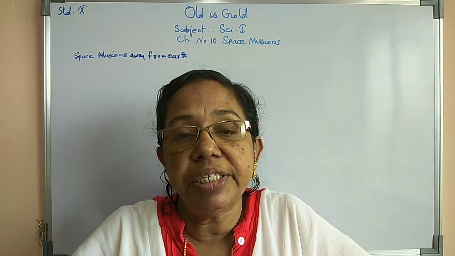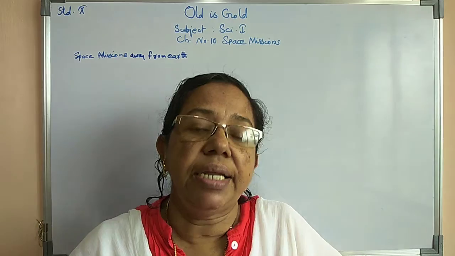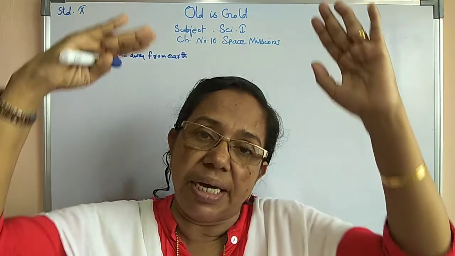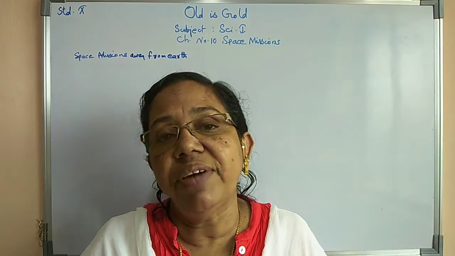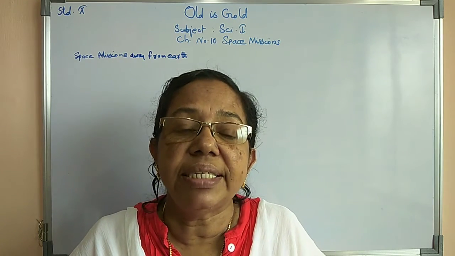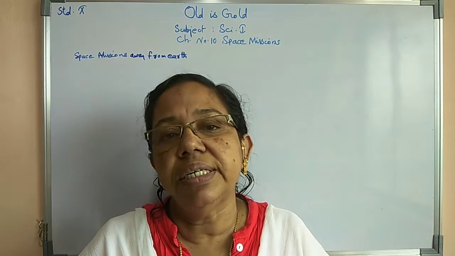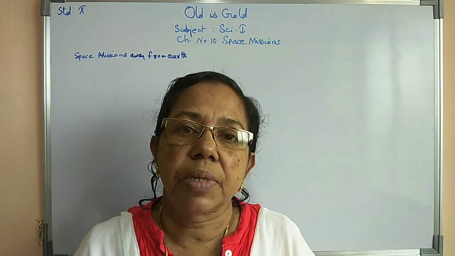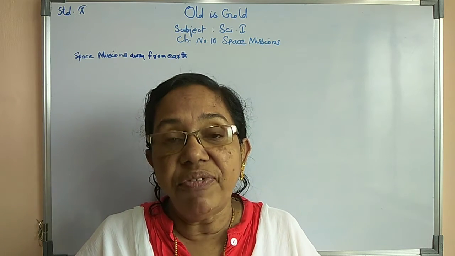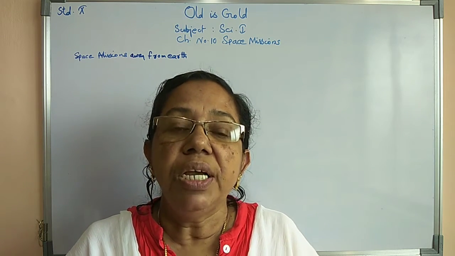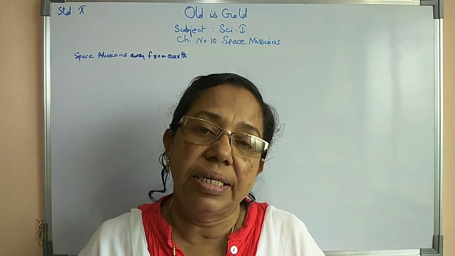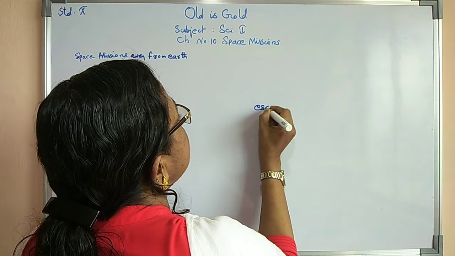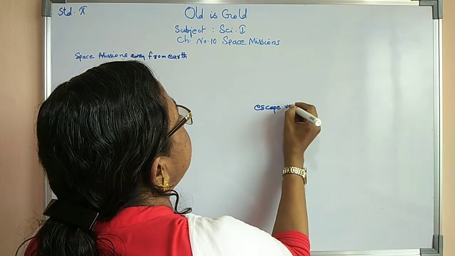It needs to cross Earth's atmosphere and reach space, even far from that. So with such an initial velocity, we have to send the satellite launching vehicle. The velocity with which we send the satellite launching vehicle is known as escape velocity.